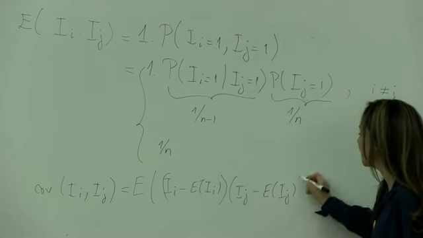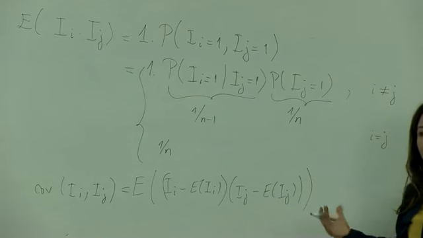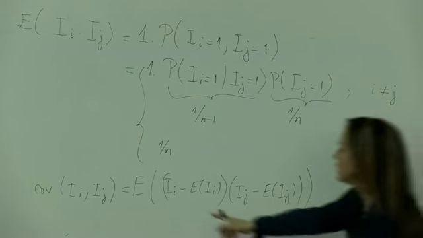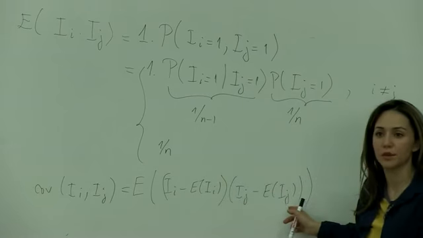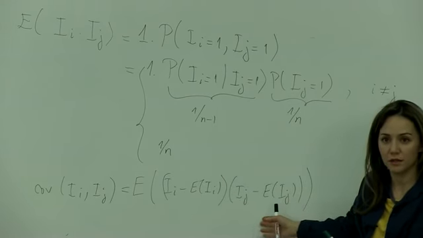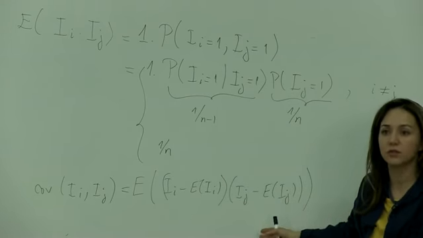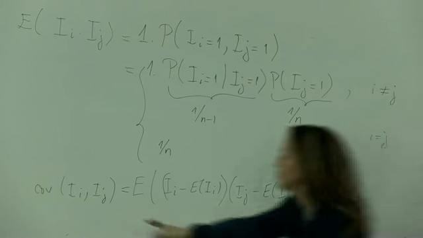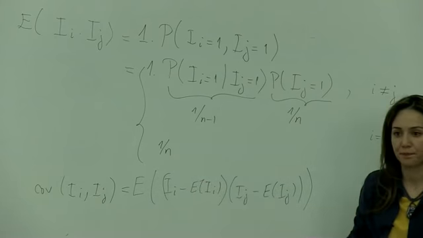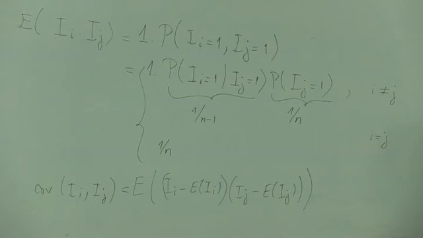So it's just like a variance for two different random variables. If these two were the same random variable, we would get variance here. Covariance reduces to variance when the two random variables are the same. Okay? So this is the definition of covariance.